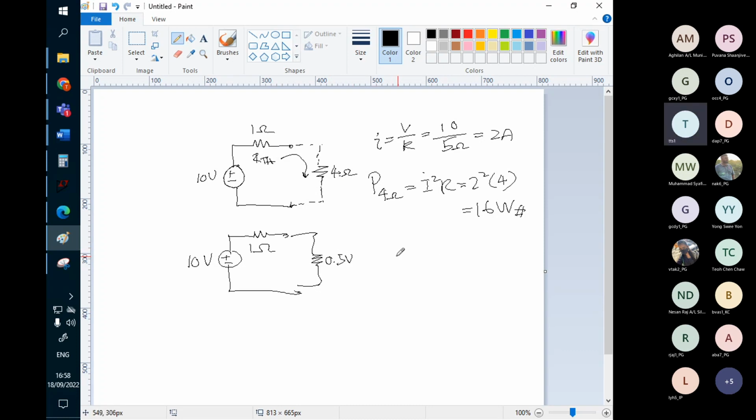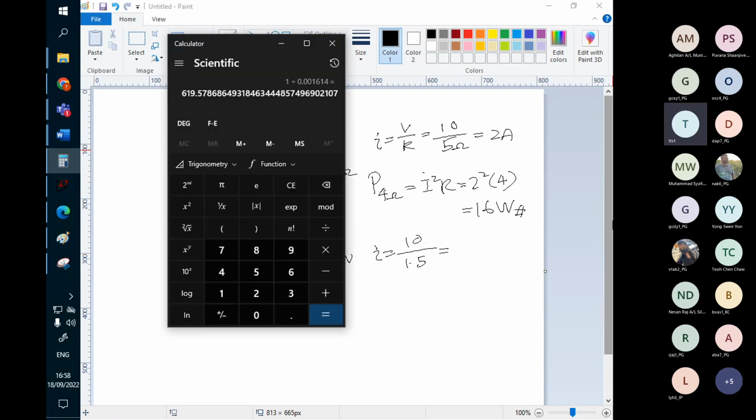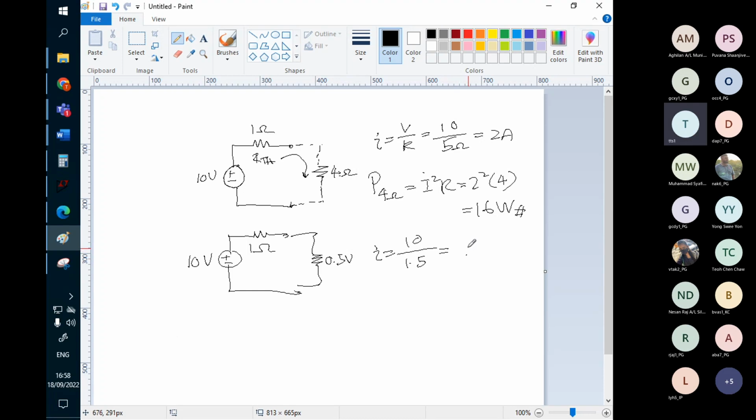So let's calculate again. I equal to V, the same V over R, 1.5. Okay, let's calculate the I. Is it getting higher output or what? 10 divided by 1.5, you get 6.67 amp, and let's calculate the power output.